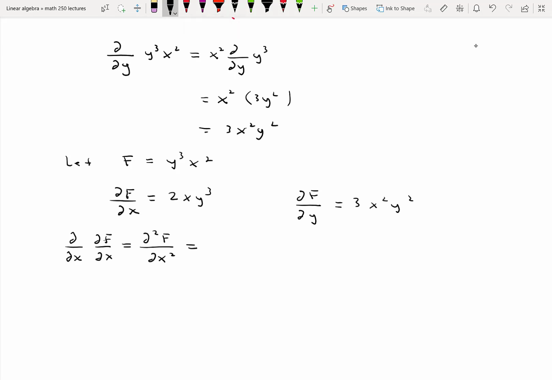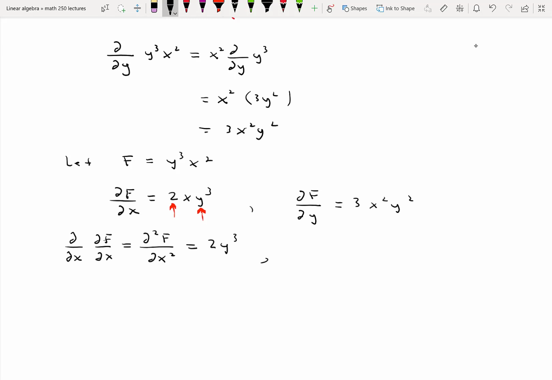Now concentrate on what I just said there. 2 is constant, y cubed is constant, so the only thing that's variable is the x, and the derivative of x is 1, so this is nothing more than 2y cubed.